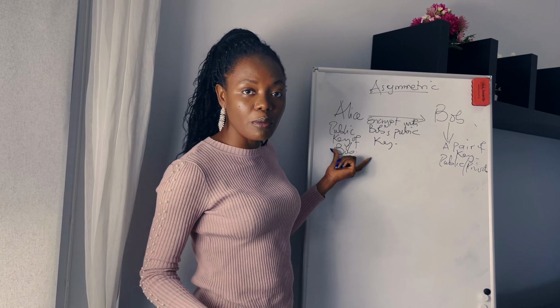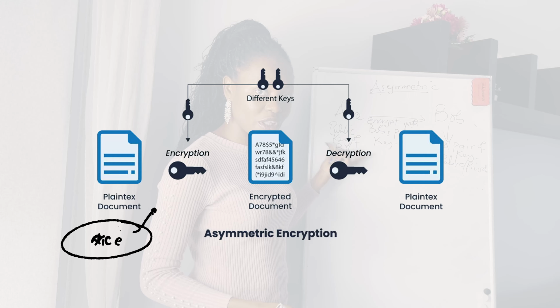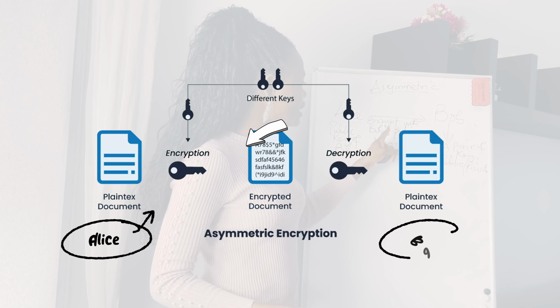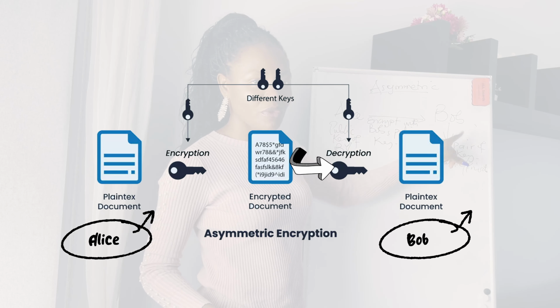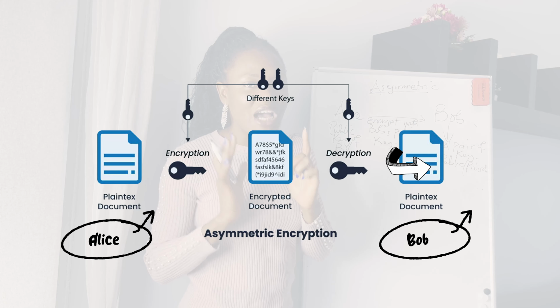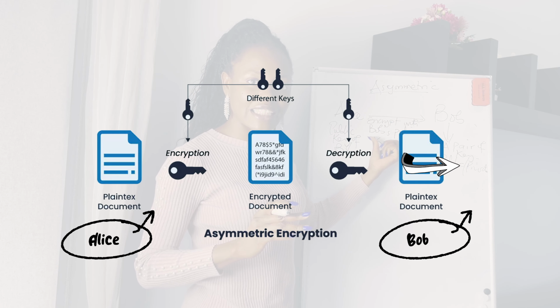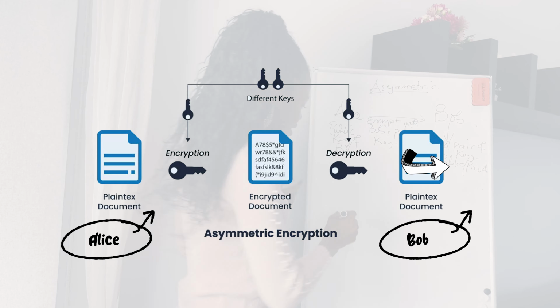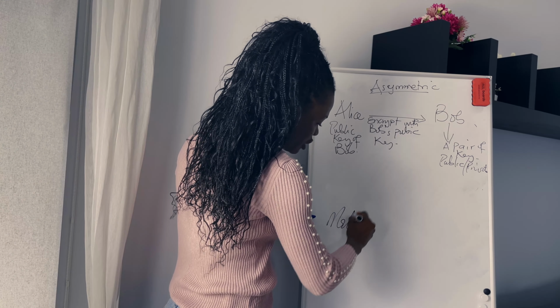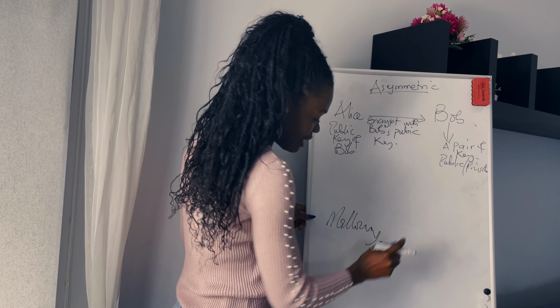Remember, it's only Bob's public key that Alice has with her. So she'll send the message to Bob, and Bob is the only person with his private key. Bob is the only person that can decrypt this message that Alice is sending. Let's say, for example, Mallory. Like we mentioned who Mallory is. Mallory is the attacker, right?